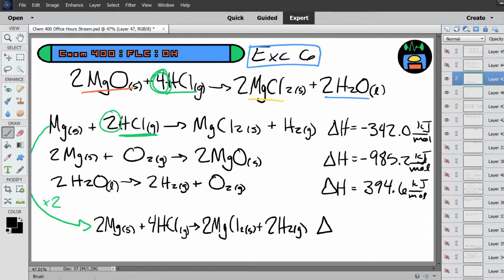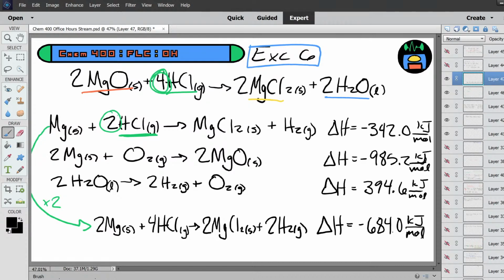And the delta H here is the old delta H multiplied by 2. So we take 342 times 2. Sorry, negative 342. So this will come out to be negative 684.0 kilojoules per mole.